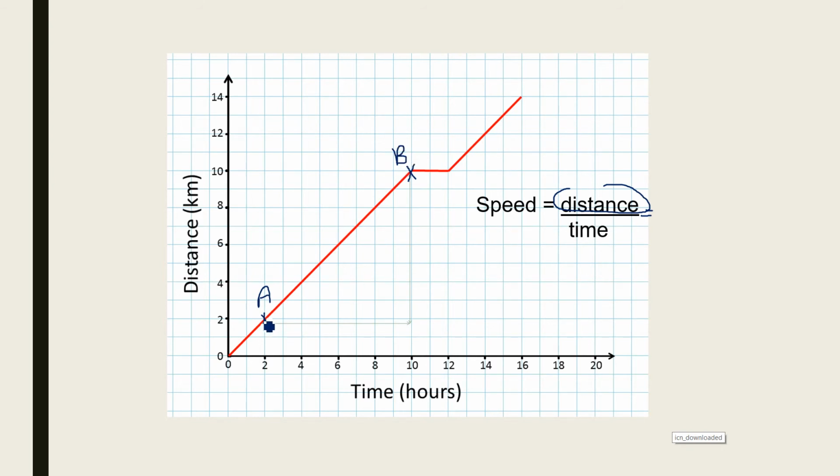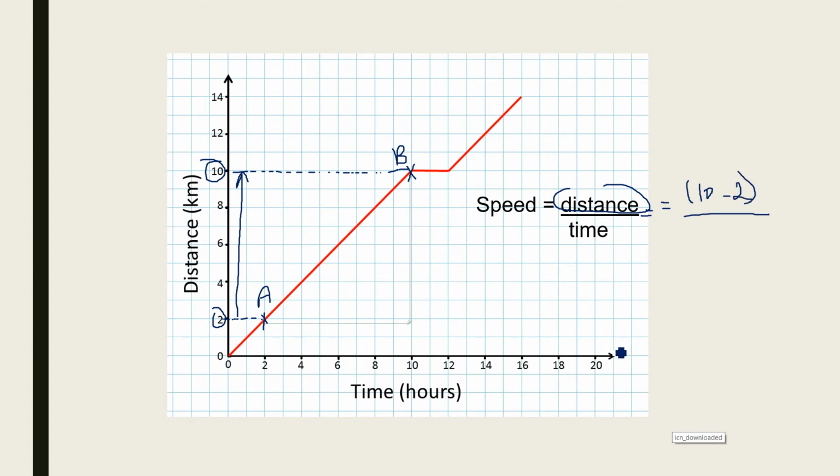At point A, the car was at 2 kilometers. At point B, the car is now at 10 kilometers. So the distance covered from A to B is 10 minus 2, so it is 8.